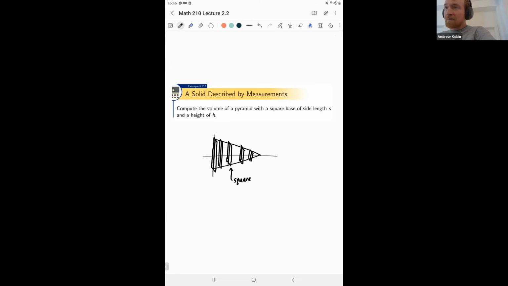So what I want you to do now is think about how to write down a formula for each cross-sectional area. It's a square, so the area is side length squared, but we have to write it down as a function of x if we're going to use our cross-sectional area formula.